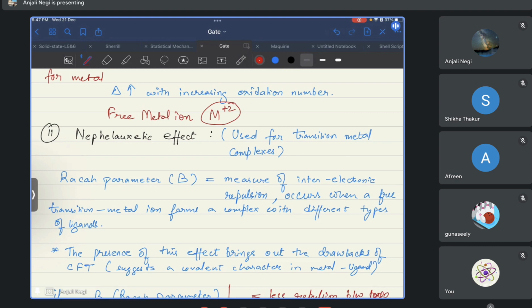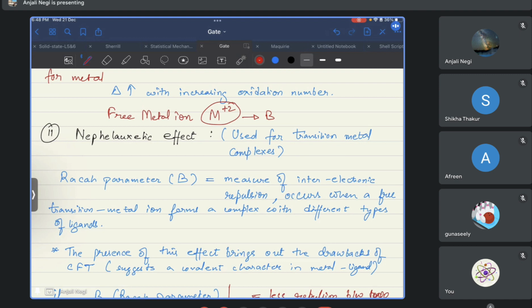So the B, the Racah parameter, can also be given for this free metal ion. I'm again saying it is a free, gaseous metal ion. For this we have some B value.